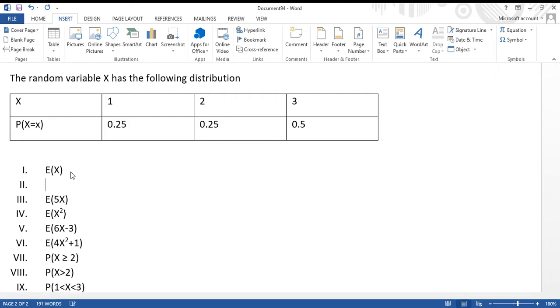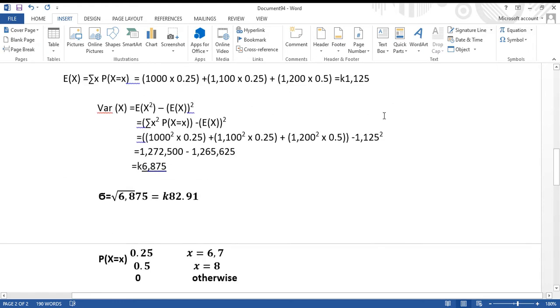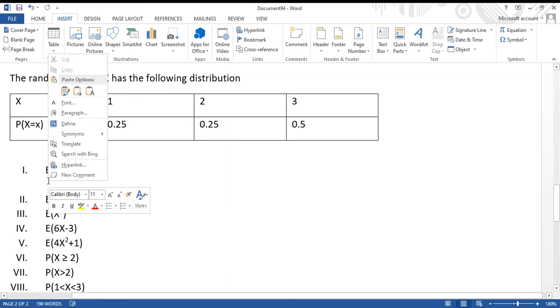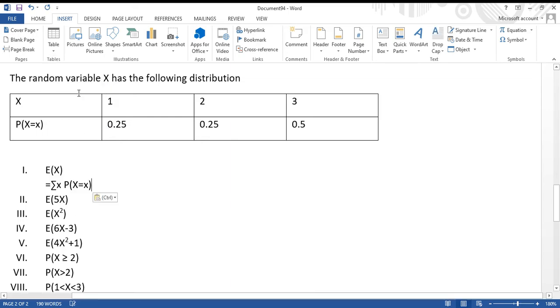So let me get the formula for the expected value. Here it is. Basically, we're going to multiply each of the values of the random variable by their probabilities.